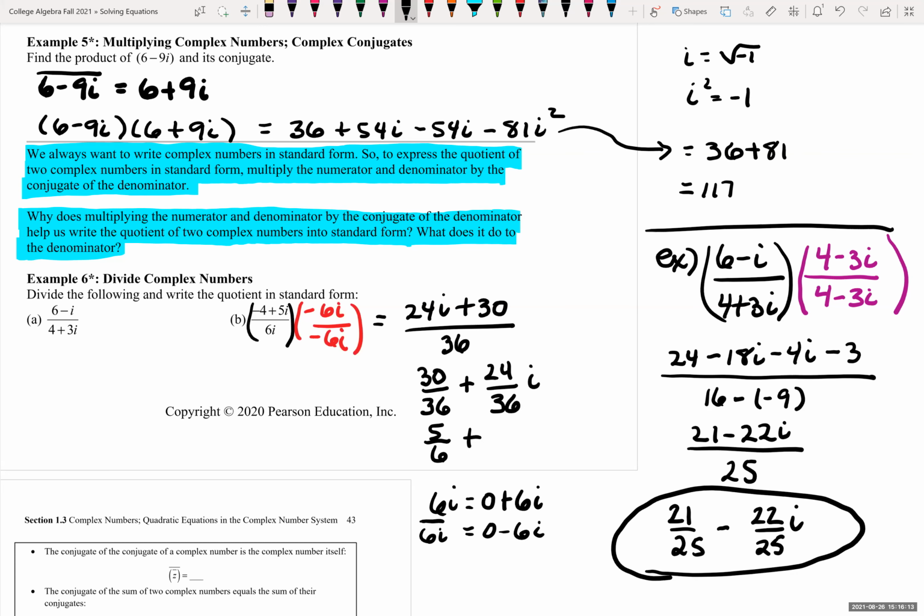Plus 24 and 36, those two also have a 6 in common. Actually, do they have more than 6? Looks like they have 12 in common. 12 is the biggest factor. So 12 goes into 24 twice, and 12 goes into 36 3 times. i.